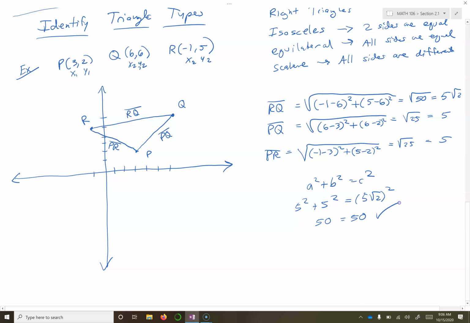So if you plug the sides of your triangle into the Pythagorean theorem and you get the same result on both sides, you can also say it's a right triangle. So what we've created here is an isosceles right triangle. Ooh, I spelled triangle wrong. Okay?